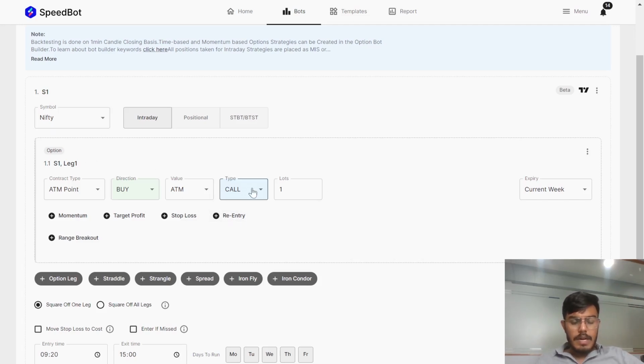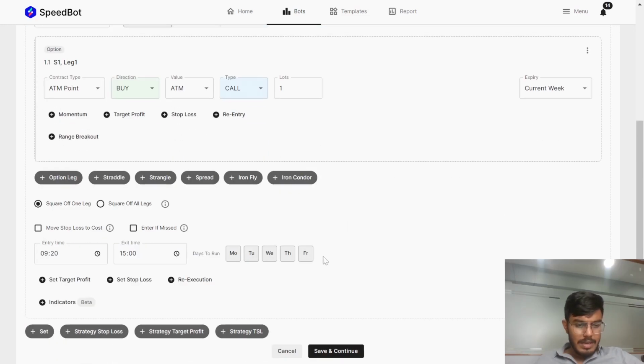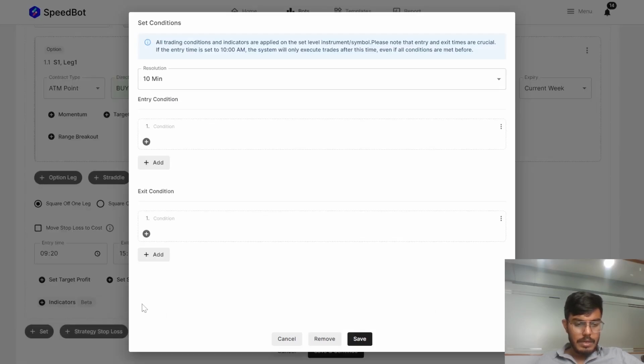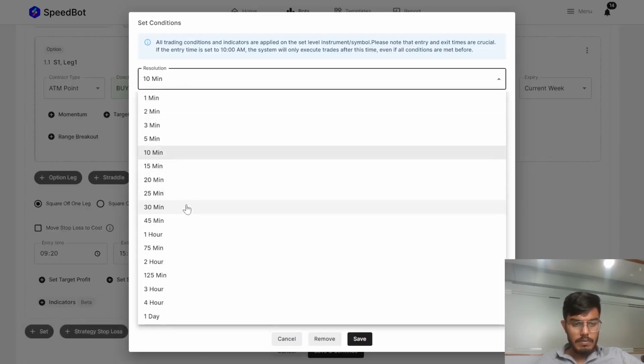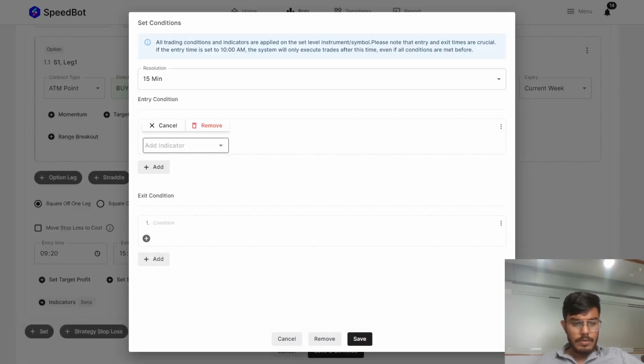So over here I've added a bullish position, that is I'm buying a call at 8 AM for the current week expiry. And over here for this particular set, I am using the indicator and whatever time frame I would like to choose.